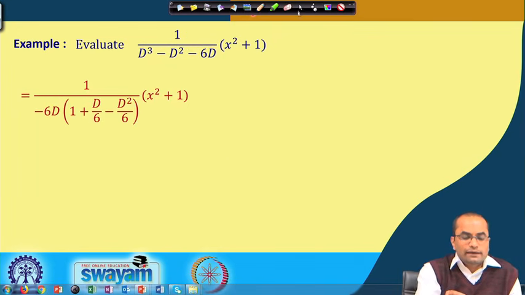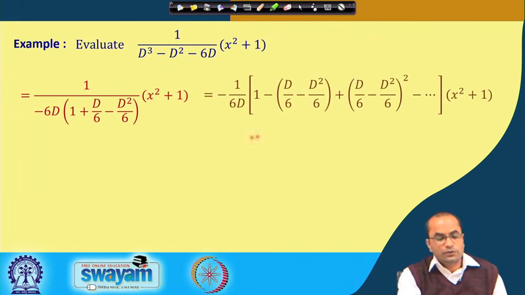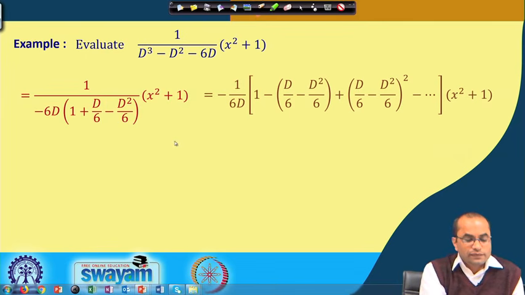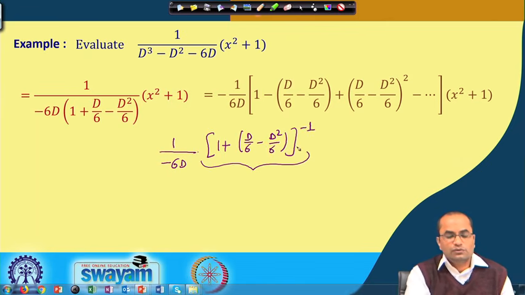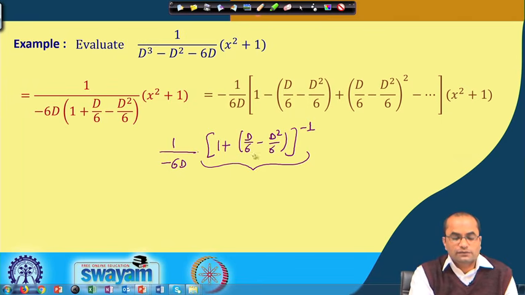By doing so, and when we expand it, the numerator we have taken as minus 1 over 6D remains as it is, and the other factor is 1 plus D over 6 minus D square over 6 to the power minus 1, which we can expand again here.